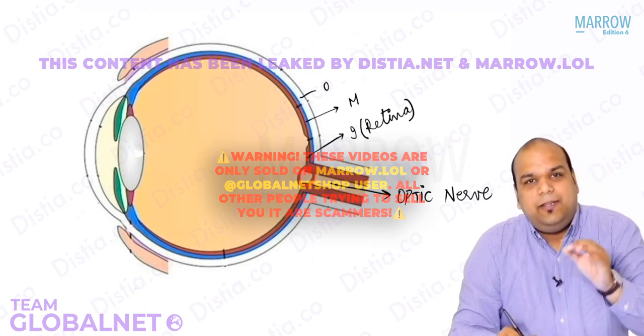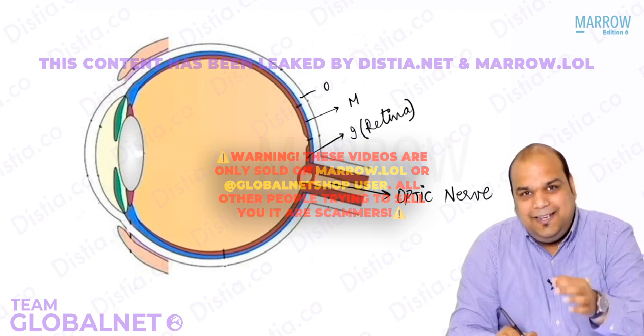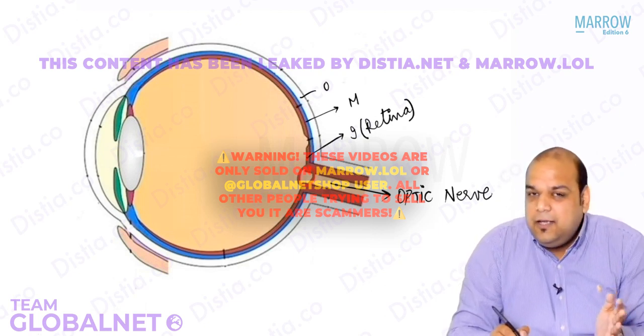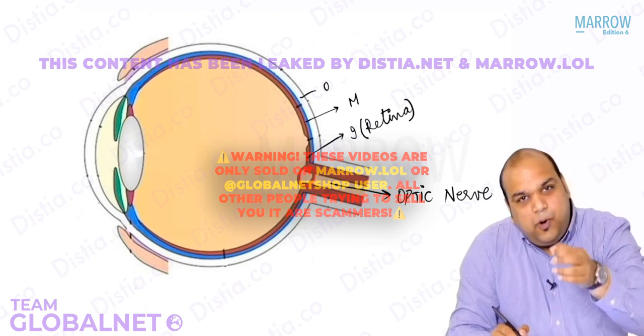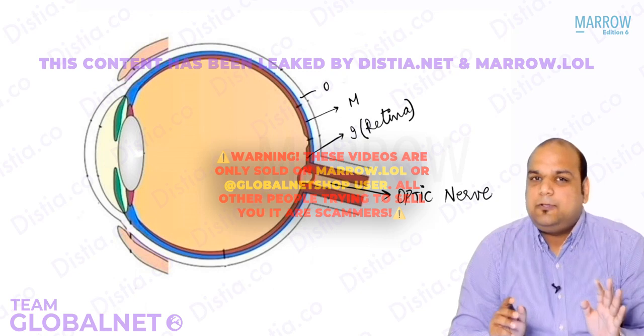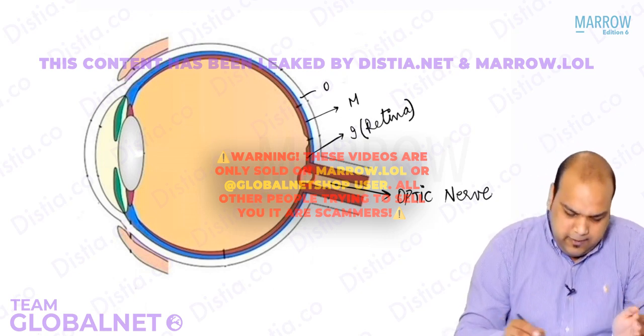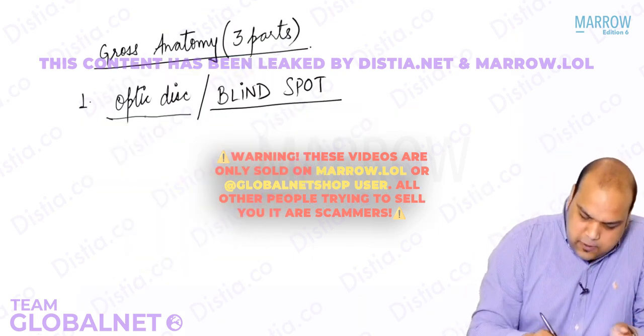You can also call it the first part of optic nerve because ideally this is the point from where optic nerve is starting. So, the first part of the optic nerve, which is basically a part of the retina, the point where optic nerve leaves the eyeball, that is known as optic disc. Am I clear to everybody? So, let's write it. What is optic disc?